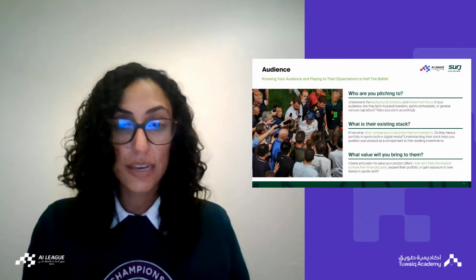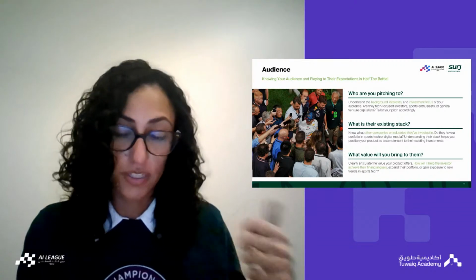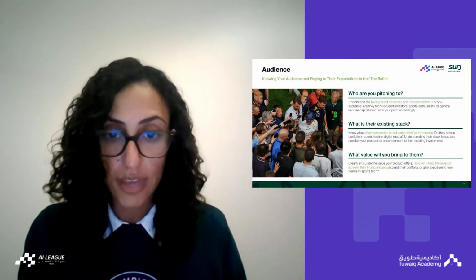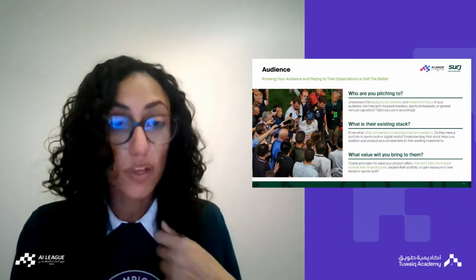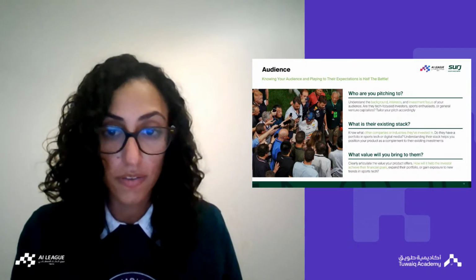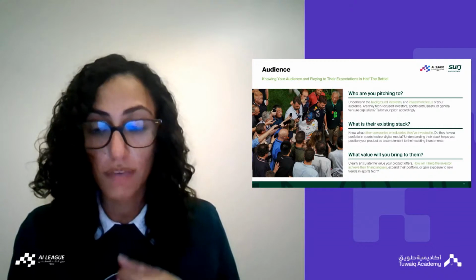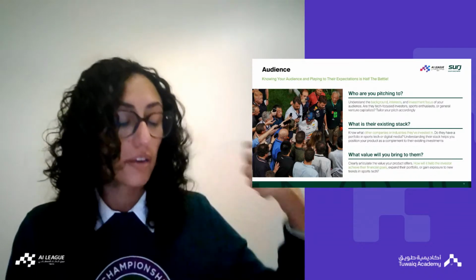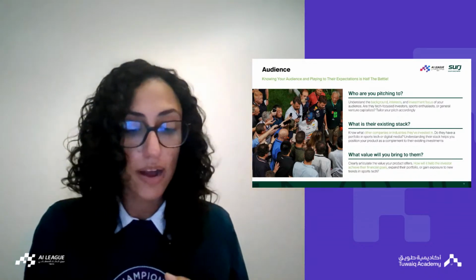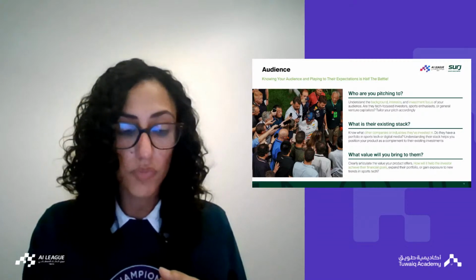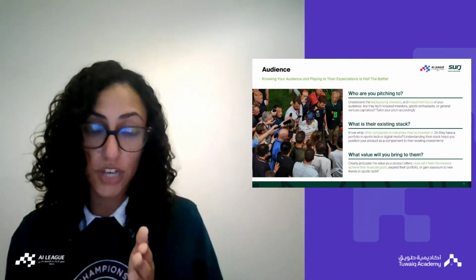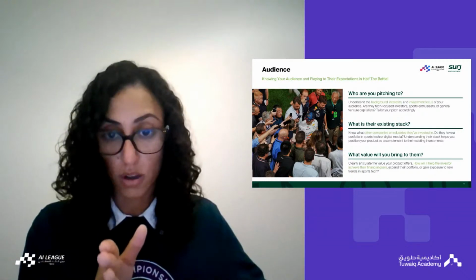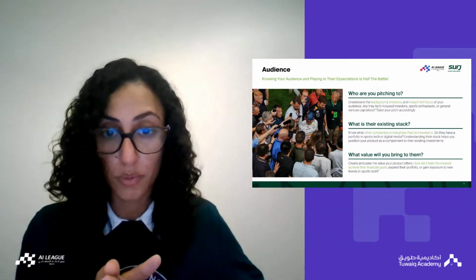The second piece is, what is their existing stack? If you're selling to a client, then it's really important to understand what they're actually interested in. If they already have ideas around other sports technology companies and you're going to be complementing that value chain, then understanding who those other technology companies are is really important.